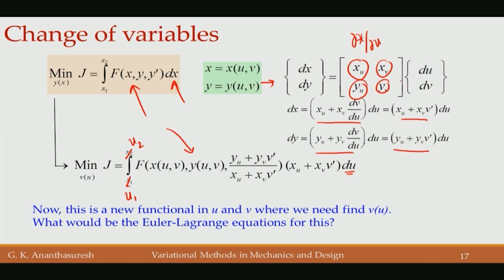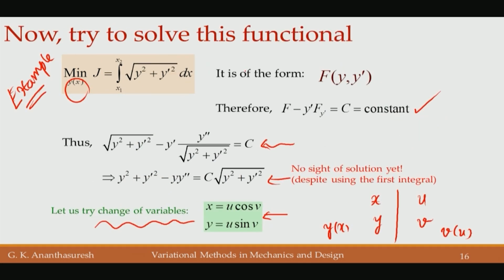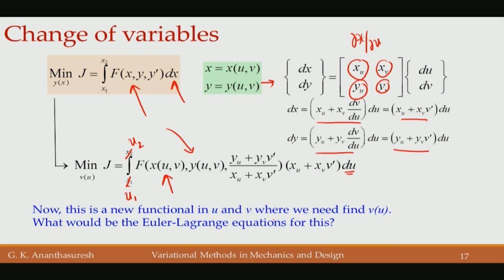When you do this, you notice that x now depends on u and v, because we assumed x equal to some function of u and v. In this particular example, we had taken x equal to u cosine v, y equal to u sine v, so u and v are involved. So, now in the integrand f, wherever x is there, you substitute the equivalent thing in terms of u and v, and the same with y, and the same with this dx.